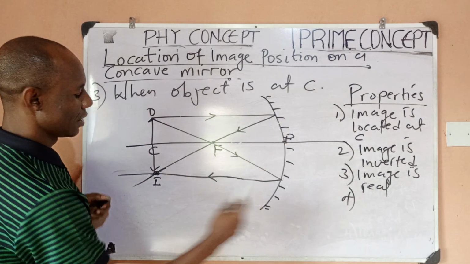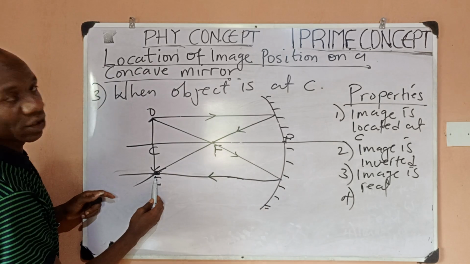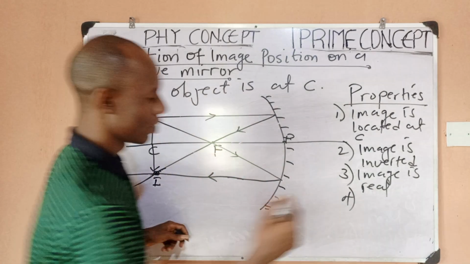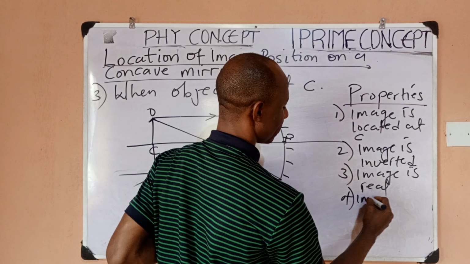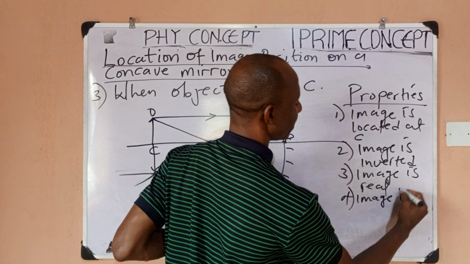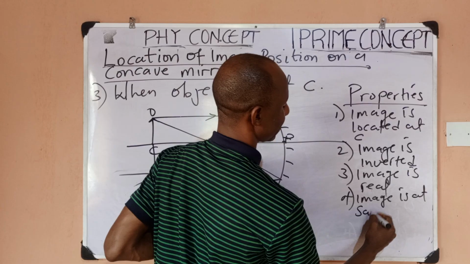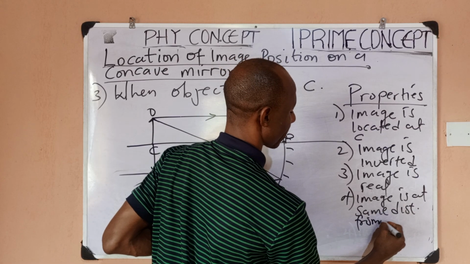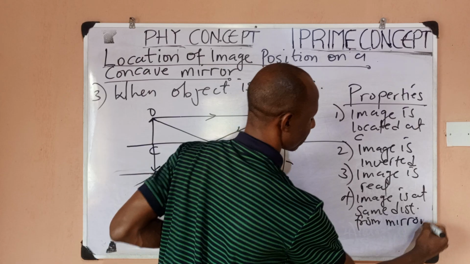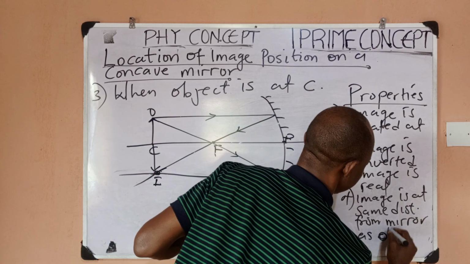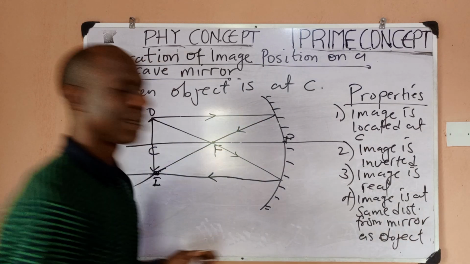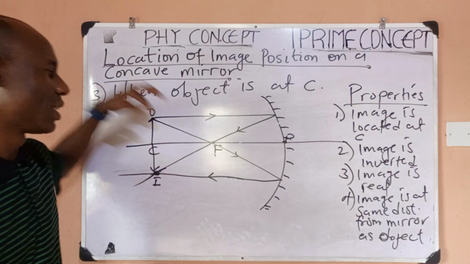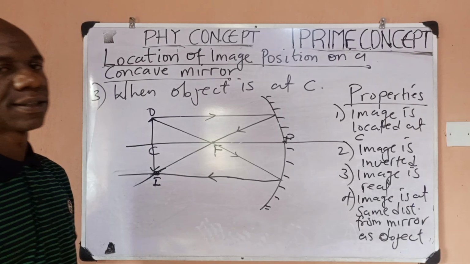That is to say, the distance from the mirror to where your image is, is the same as the distance from the mirror to where your object is. So the image is at the same distance from the mirror as the object. In short, the image distance v is equal to the object distance.